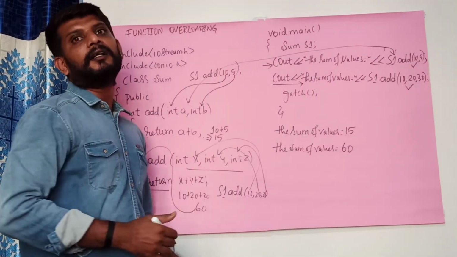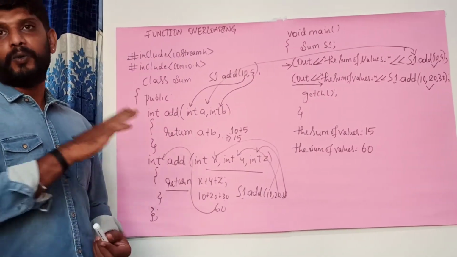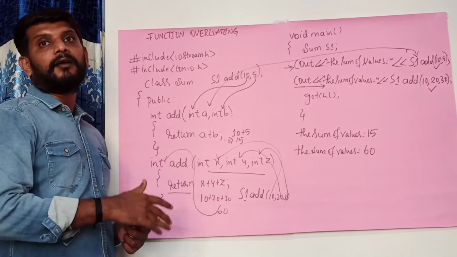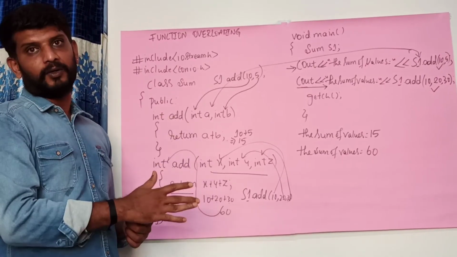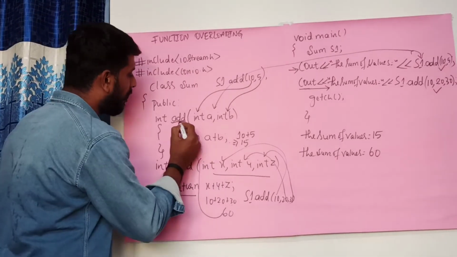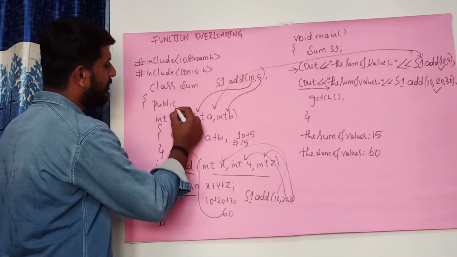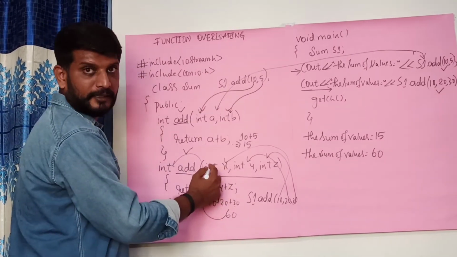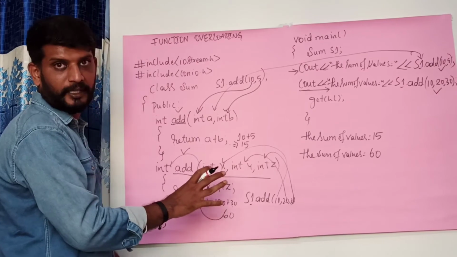So this is how exactly we are implementing the concept of function overloading. Function overloading is nothing but 2 or more functions having the same name but different number of arguments. That is called function overloading.